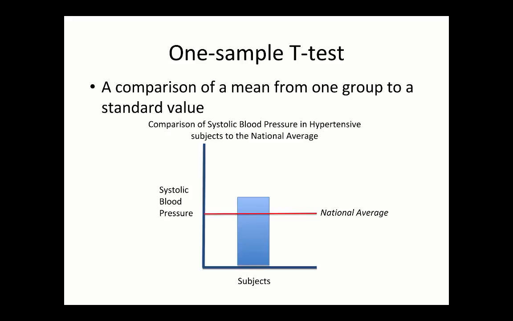What do you think the null hypothesis is? The null hypothesis is that the average systolic blood pressure in hypertensive patients is the same as the national average. What do you think the alternative hypothesis is?